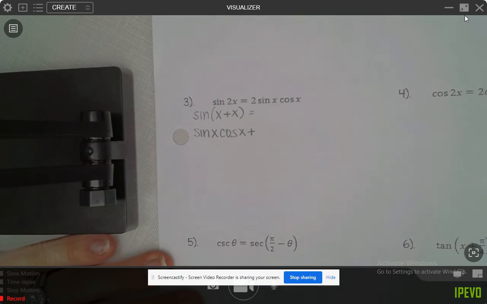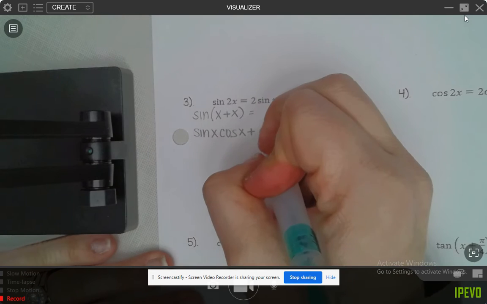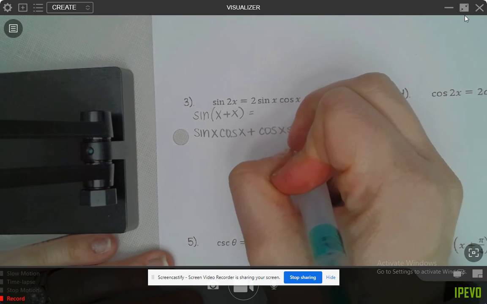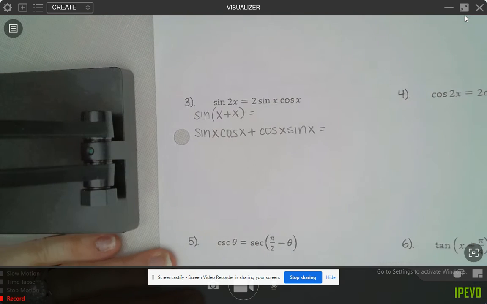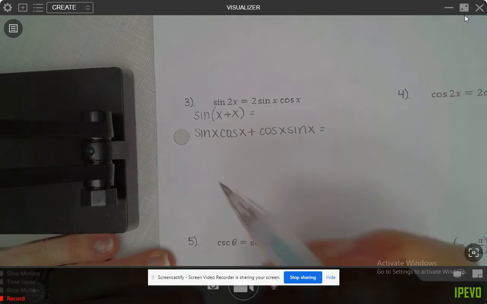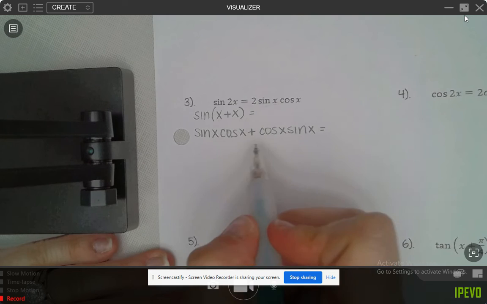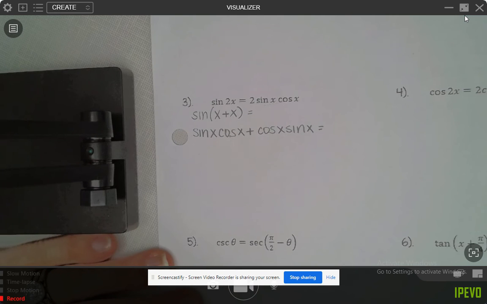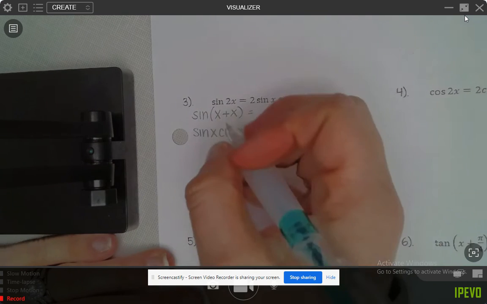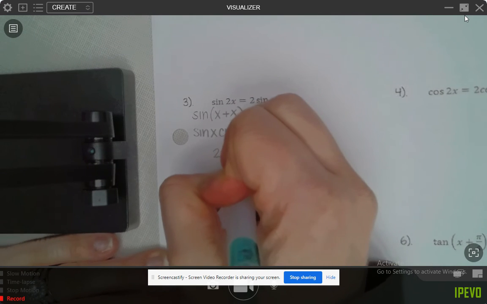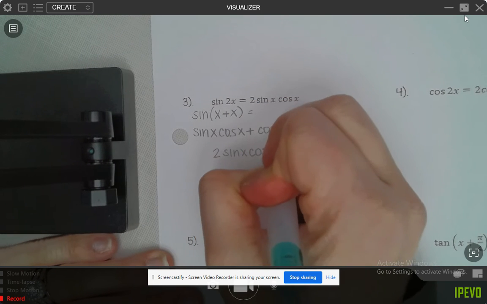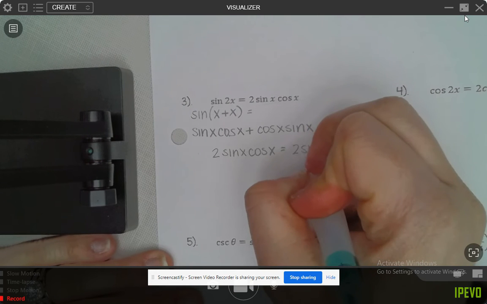You guys have to read it right off that paper. I can't do it for you. Cosine of x, sine of x. Are these like terms? Does it matter that it says sine, cosine, or cosine, sine? No, it's exactly the same. So I have 2 sine of x, cosine of x. That one's done.